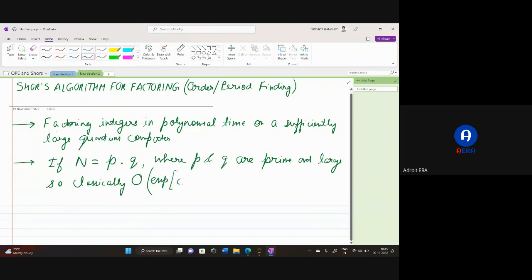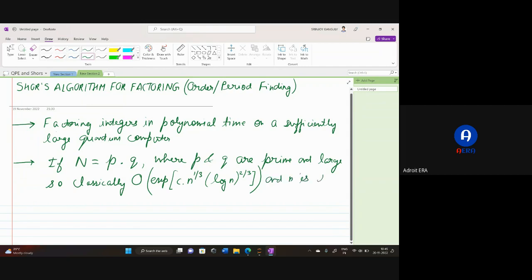C dot n to the 1/3, that means the cube root of n, and then log n to the 2/3. This complexity itself is very complex, right? This is an exponential complexity. And n is the number of bits needed to describe the factors.